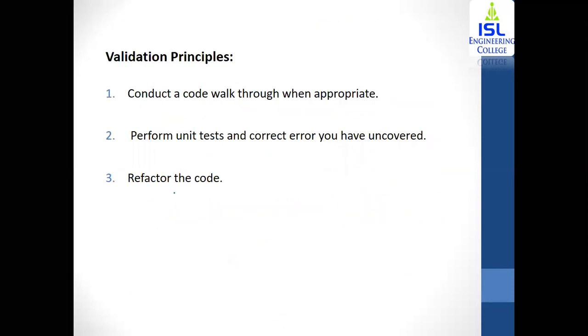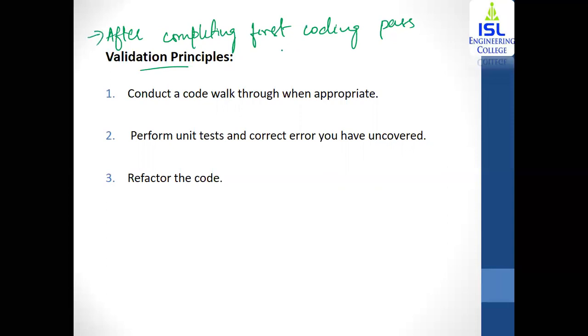The next one is validation principle. Now these validation principles are used after you have completed your first coding pass. Now the first coding pass means if later you're going to encounter some errors, after that you're going to again make those changes. So these validation principles are used once the first step of coding is done.